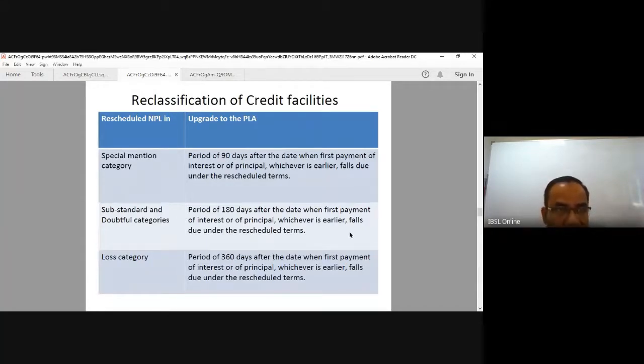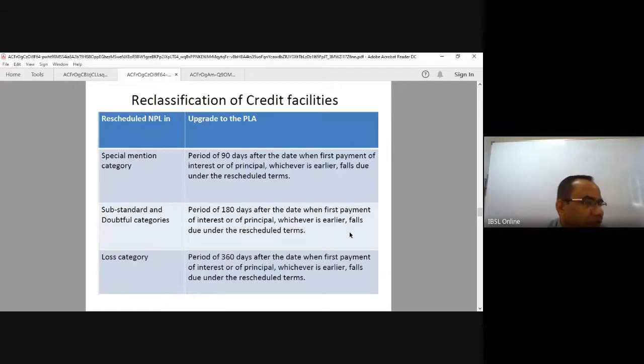This is very important because we do a rescheduling to convert our non-performing into performing, right? But you can't convert non-performing into performing immediately.